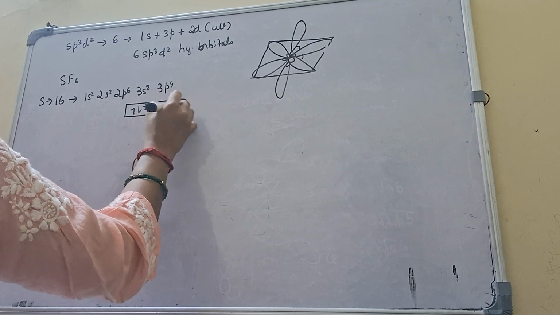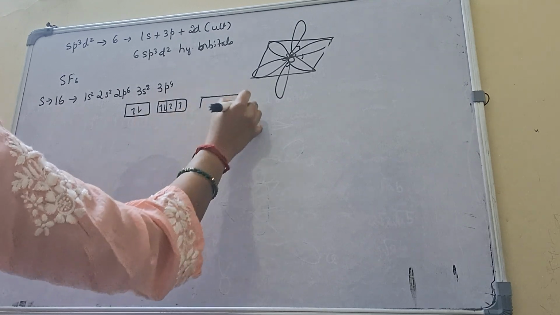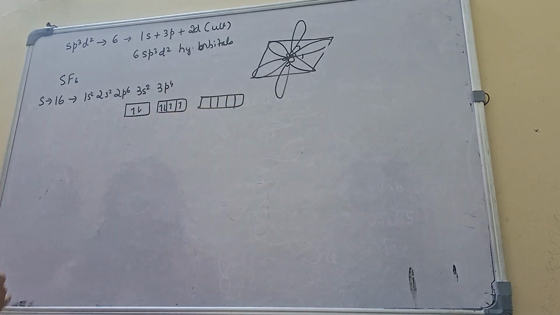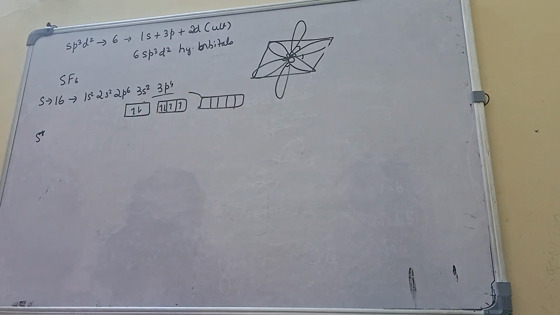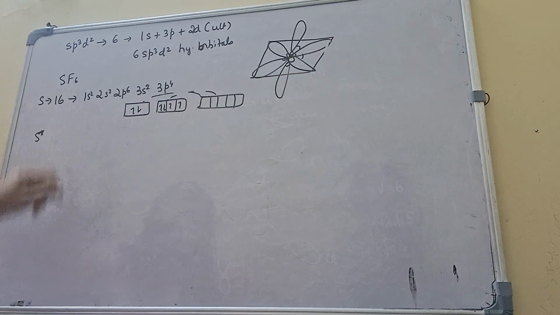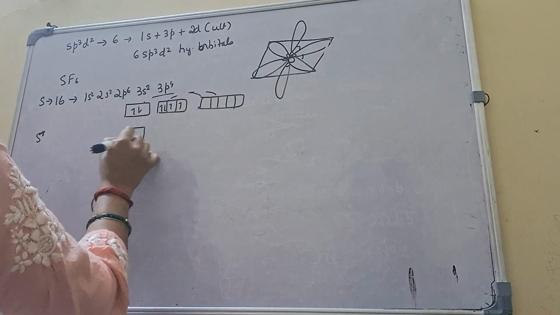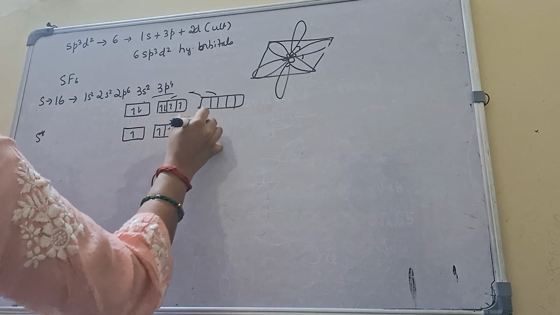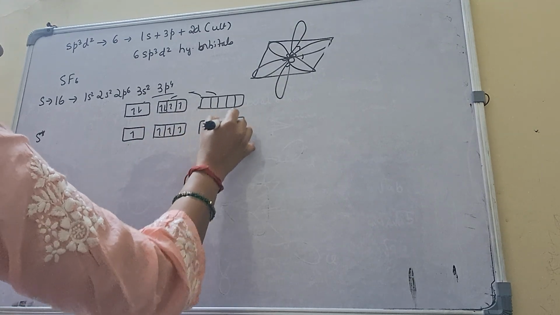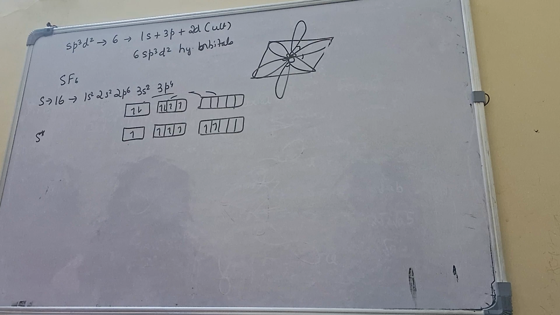This will be 4, right? 1, 2, 3, 4, and this will be empty. Okay, so in the excited state, one electron will jump here. This will also jump here because it has to accommodate 6 fluorine atoms, right? So this will be singly occupied now. This will also be singly occupied, and here these two will have this.